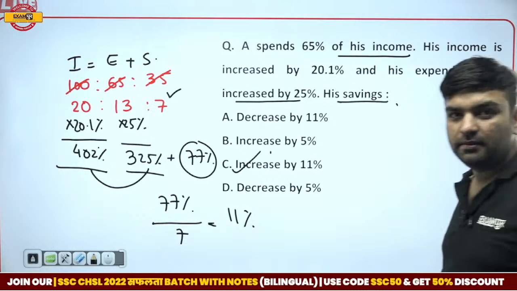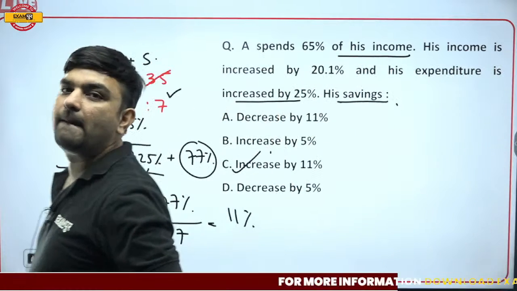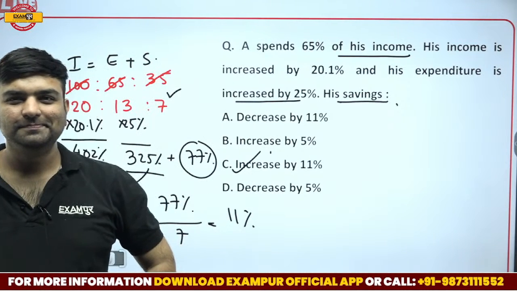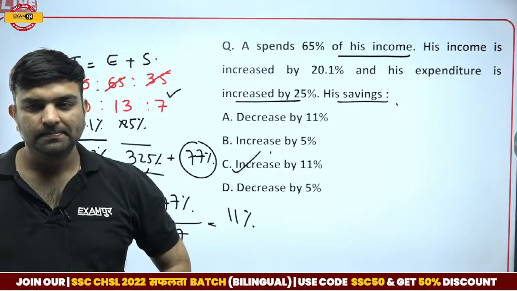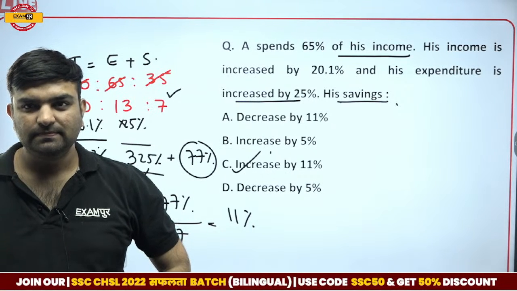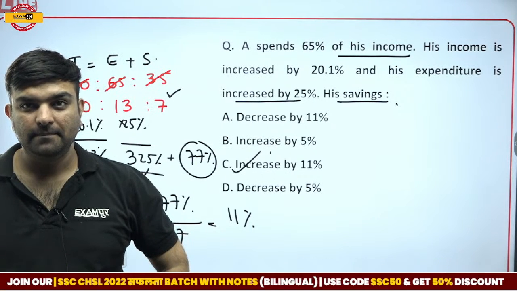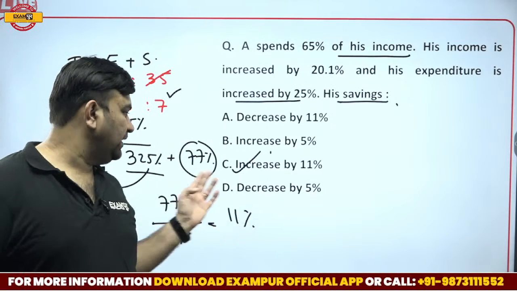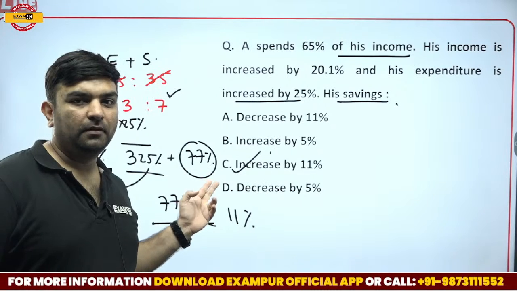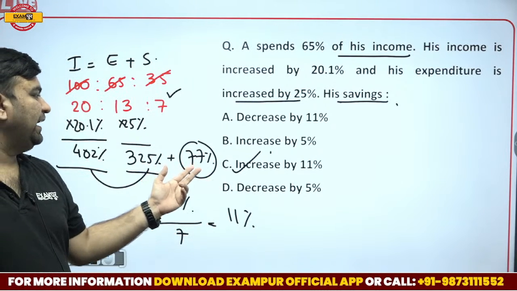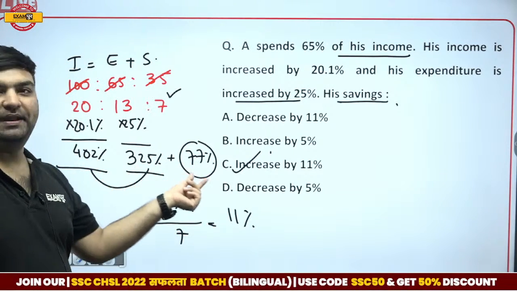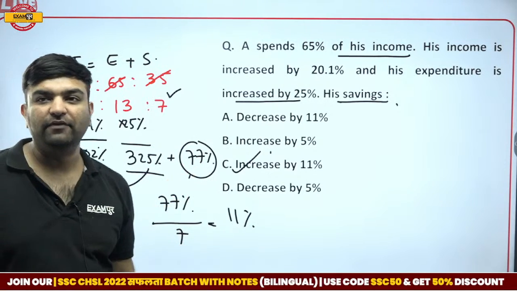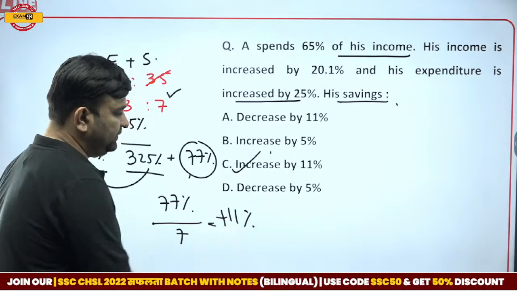Positive, na? Positive, so increment. If this would be negative... income is equal to expenditure plus saving, na? So this is positive. So plus 77 by 7, 11% increment.